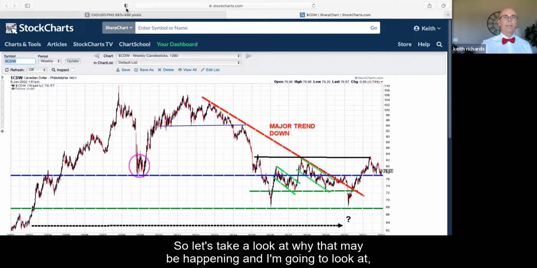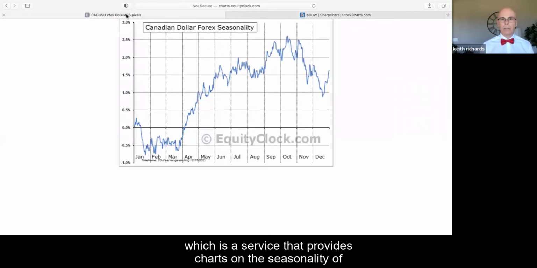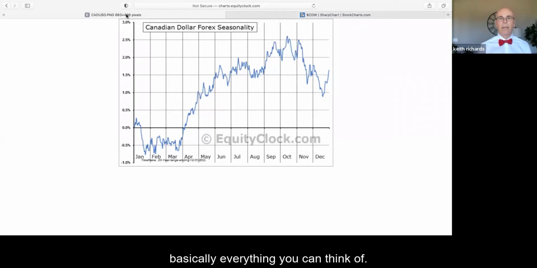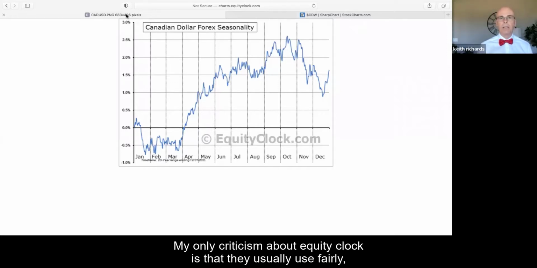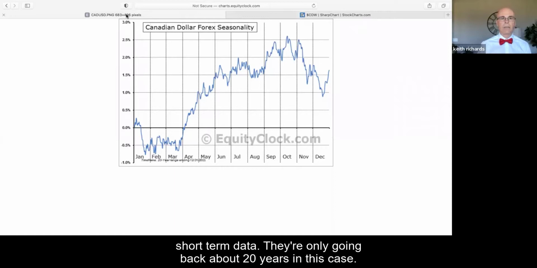I'm going to look at good old equityclock.com, which is a service that provides charts on the seasonality of basically everything you can think of. My only criticism about Equity Clock is that they usually use fairly short-term data. They're only going back about 20 years in this case.